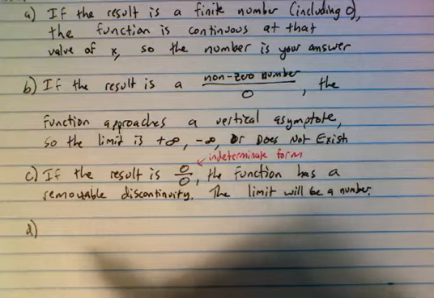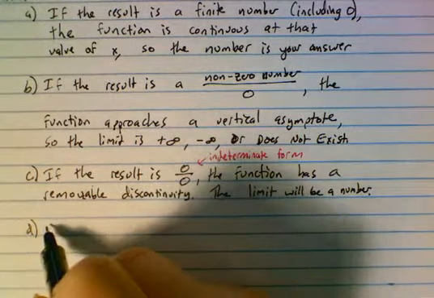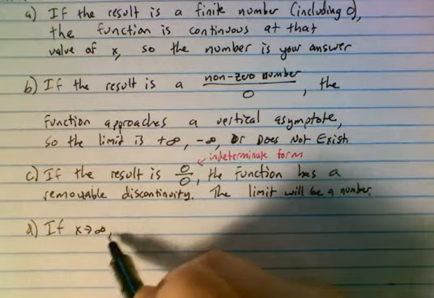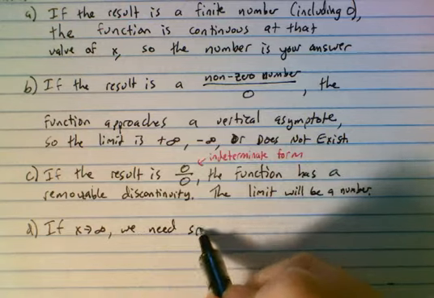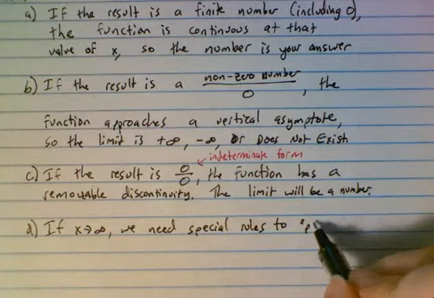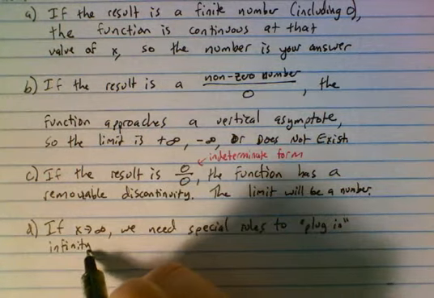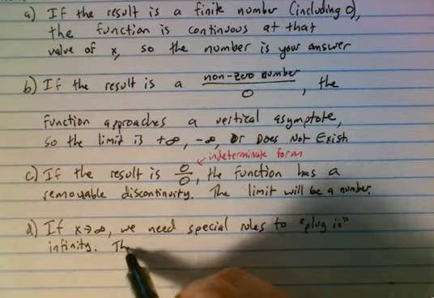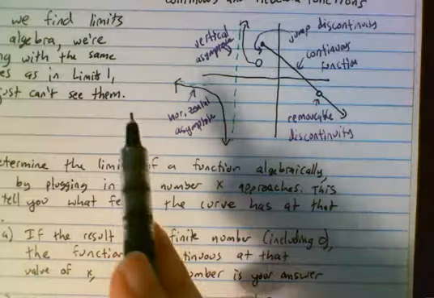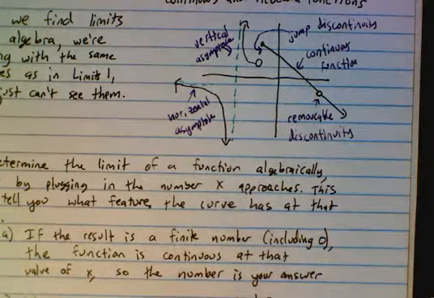Then there are a couple of special cases. One is if x approaches infinity. We need special rules to quote-unquote plug in, because we can't really plug in infinity. What that means, though, with the positive or the negative infinity, it means that we're asking what happens as the curve goes off the edge of the graph to the left or to the right.